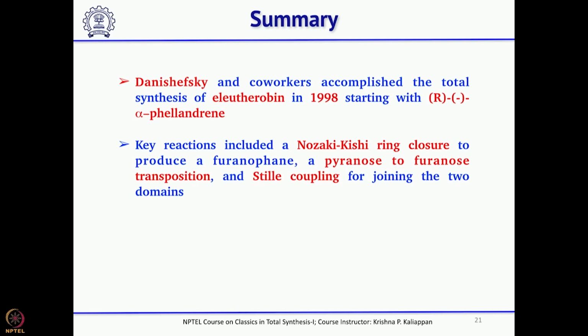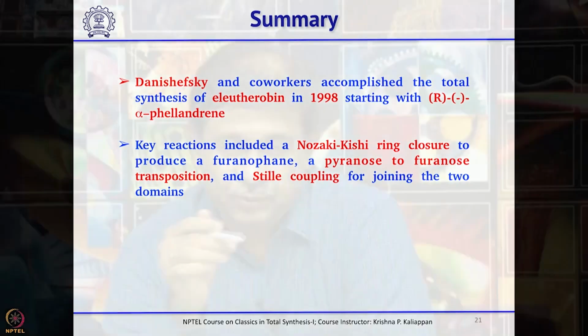Second, the ring expansion of the furan ring to pyranose. The third one is the pyranose to furanose, that is 6-membered to 5-membered ring, done under acidic condition. The fourth key reaction is the Stille coupling between the carbocyclic triflate and the tributyltin derivative of the sugar fragment. These are the 4 key reactions which Danishefsky used to synthesize eleutherobin.